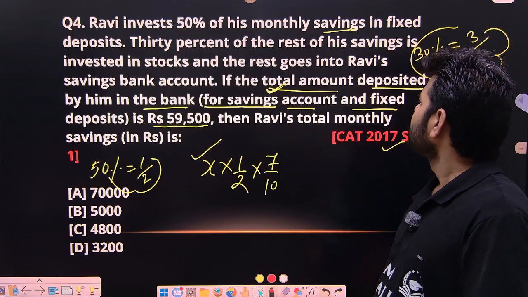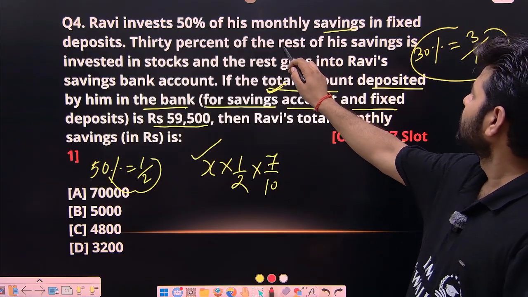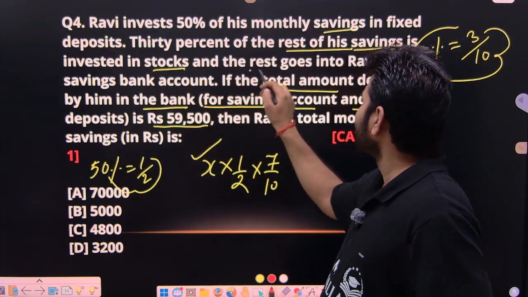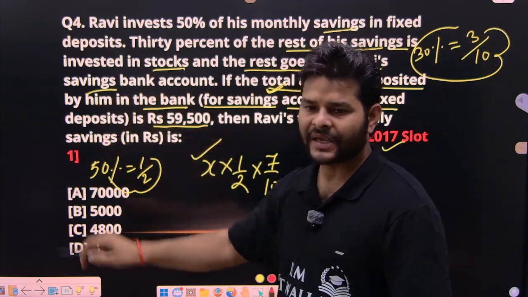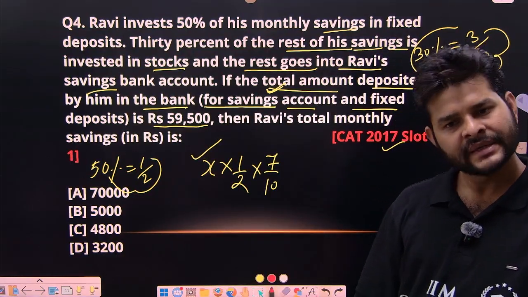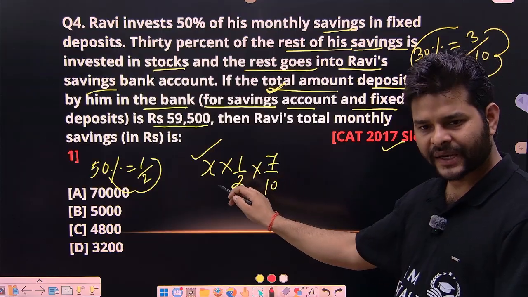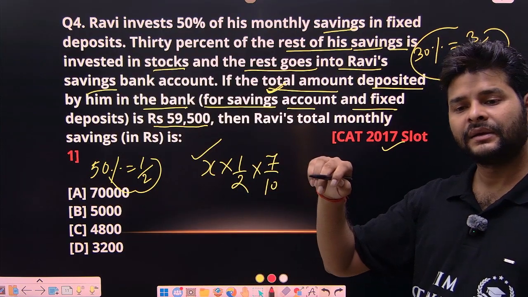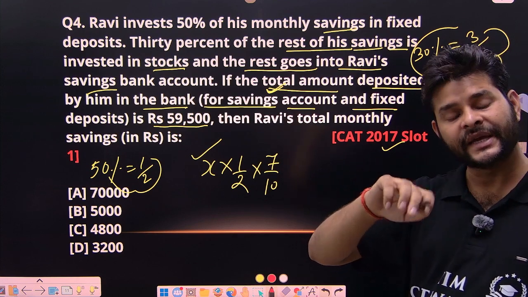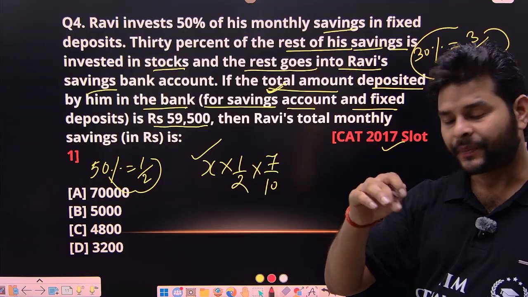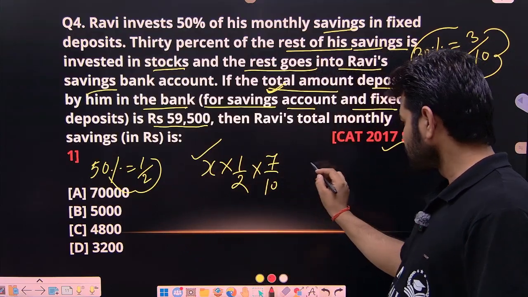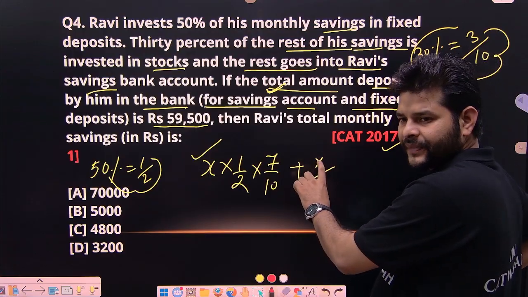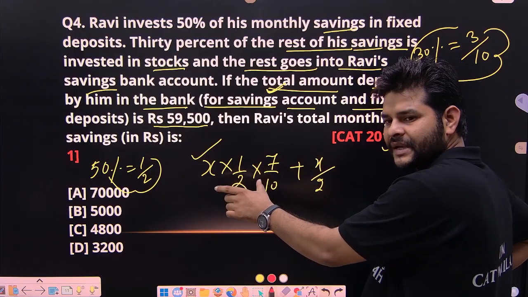The rest of his savings is invested in stocks and the rest goes into savings accounts. So 70% goes into savings accounts. So this is the 70% of the rest. And in FD, how much does he invest? 50% of X. So this is 50% of X. This amount he invests in FD and this amount he invests in savings accounts.